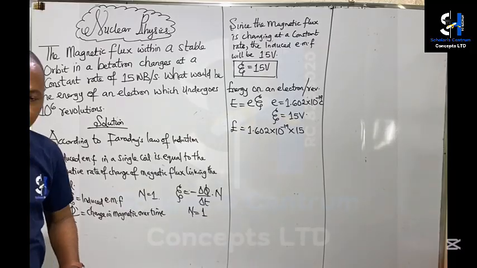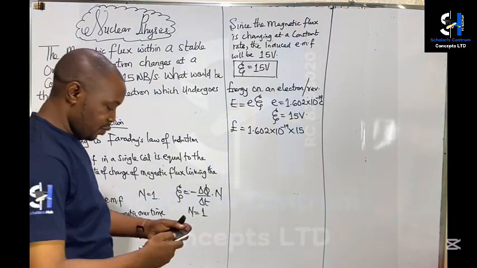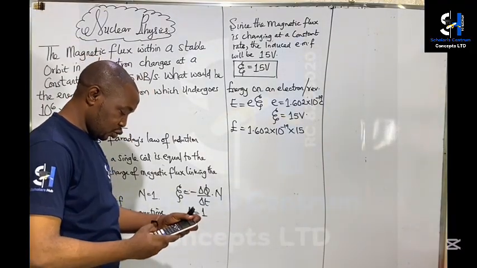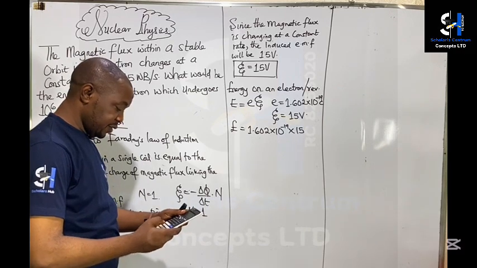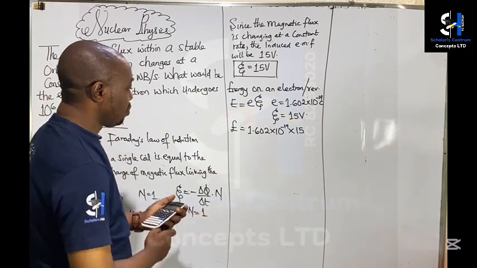Okay, so we have 1.602 multiplied by 15, and that's 24.03.